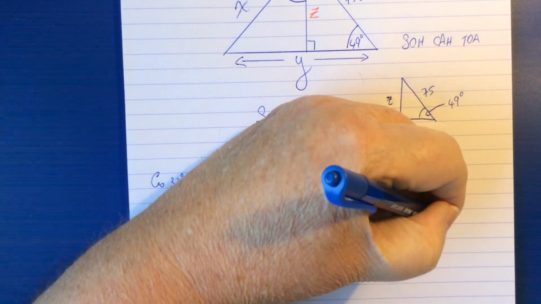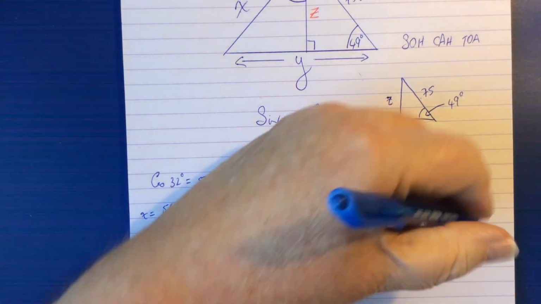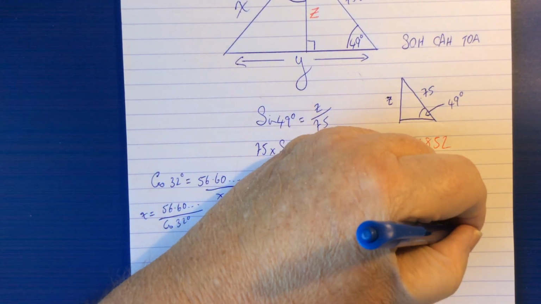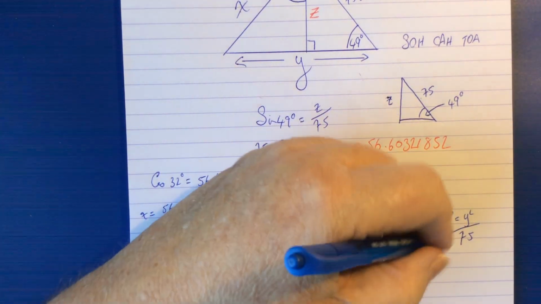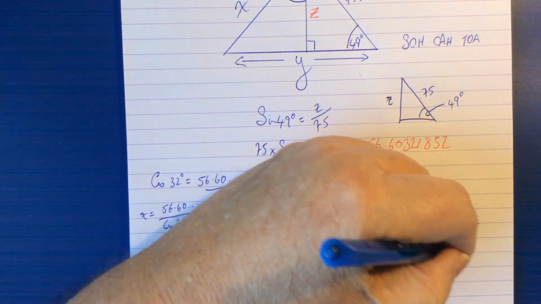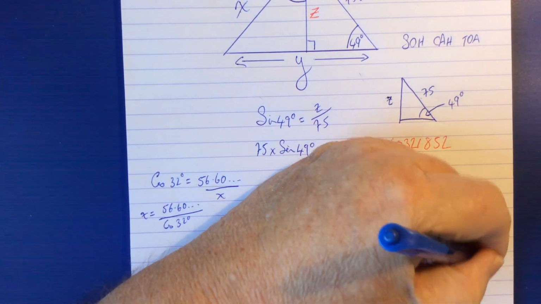So the cosine of 49 degrees is equal to the adjacent, y2, over 75. So 75 times the cosine of 49 degrees is equal to y2.